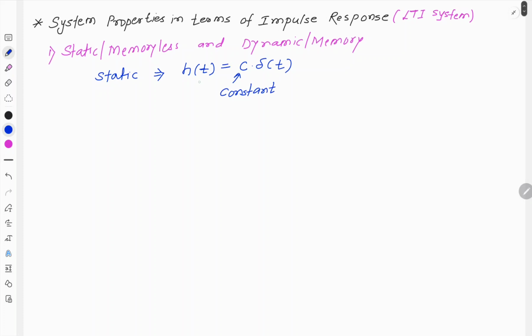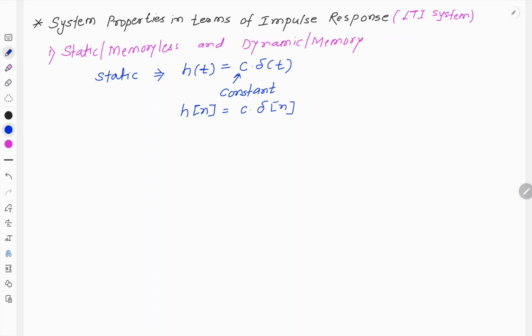If we can represent the given impulse response as a constant value multiplied by the impulse function, then such systems are said to be static systems. Similarly, in discrete form, it can be written as h of n equal to c into delta of n.